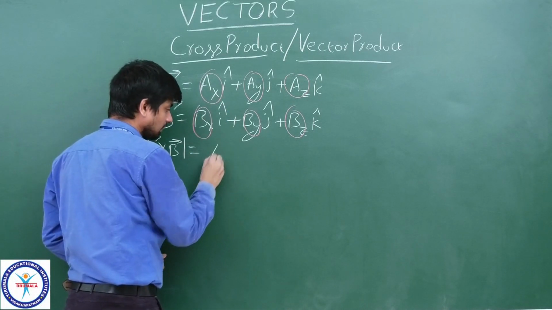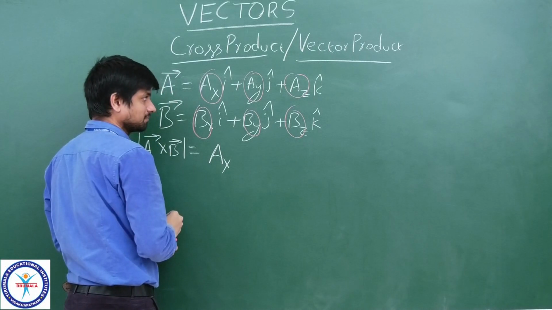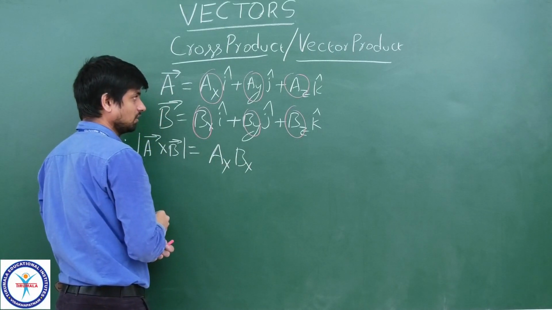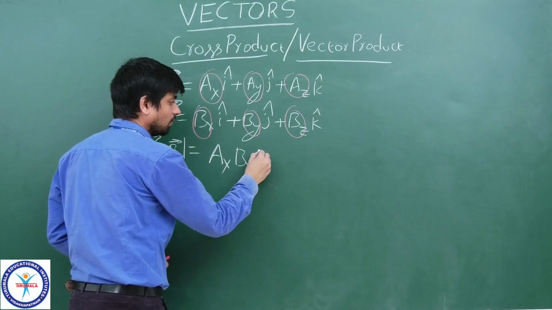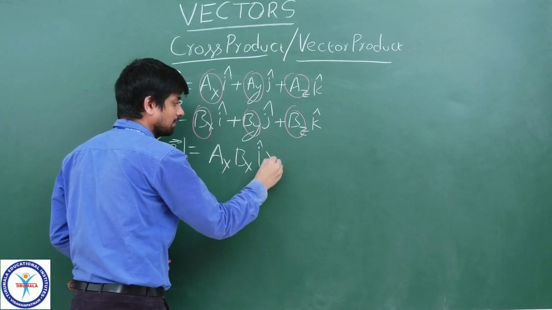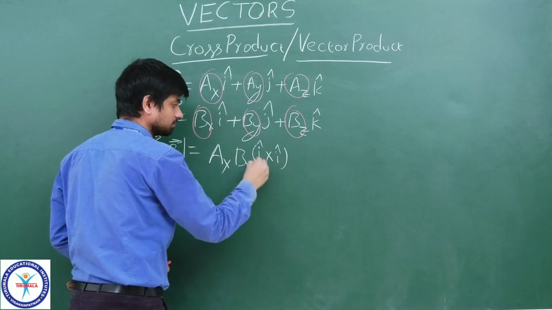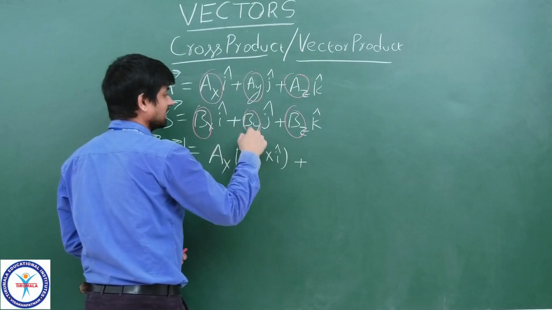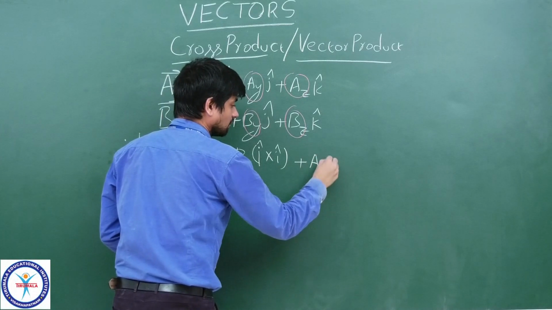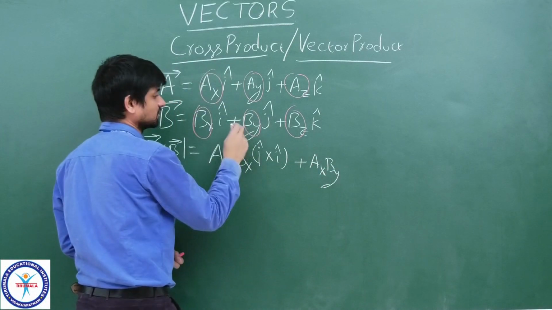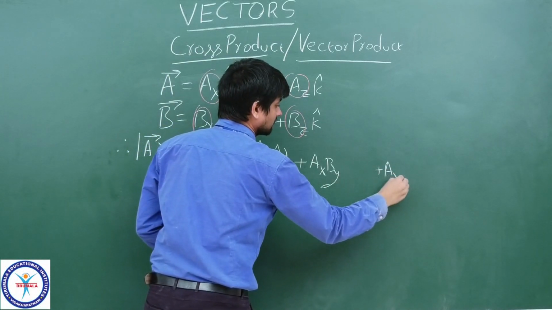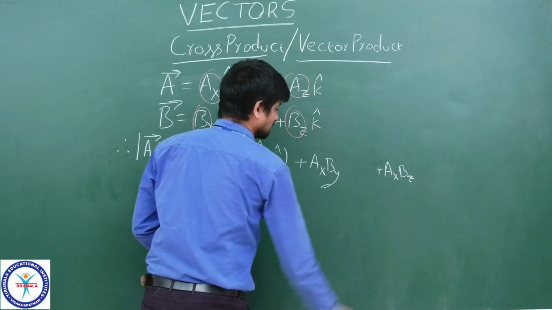So Ax, Bx. What do you have? i cap cross i cap, right? The same way, plus Ax By. So first I will write these terms, and Ax Bz.